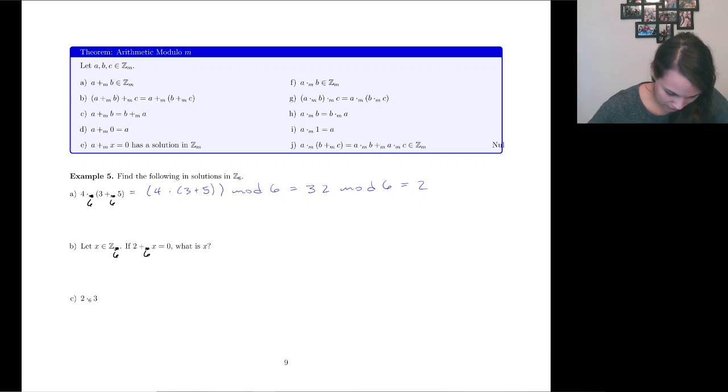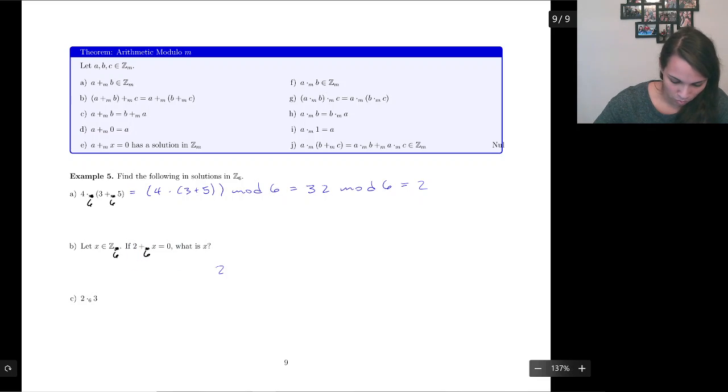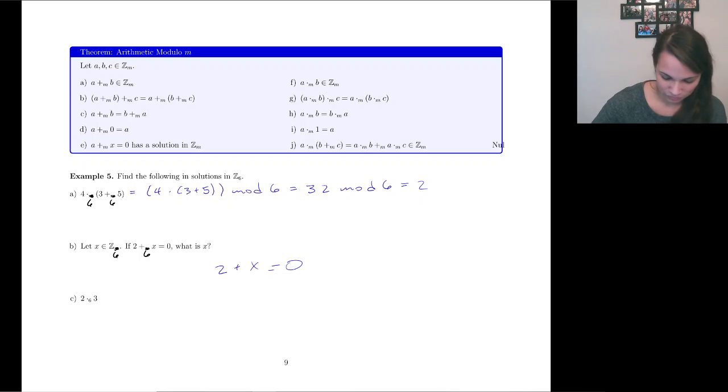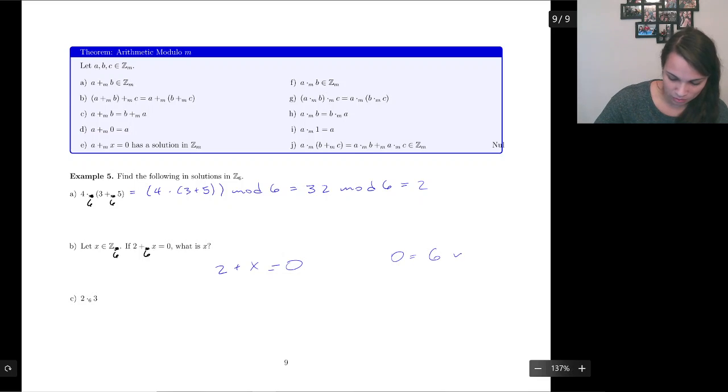And then here, for this next one, we've got X is in Z6, and we want to solve this equation. Now we're not going to solve this equation directly, because then you can look at that and you're like, X is -2. Nope, not here. -2 isn't in Z6. So how can we do this? What we need to make use of is that 0 is equal to 6 mod 6.